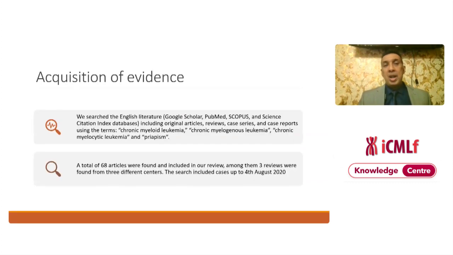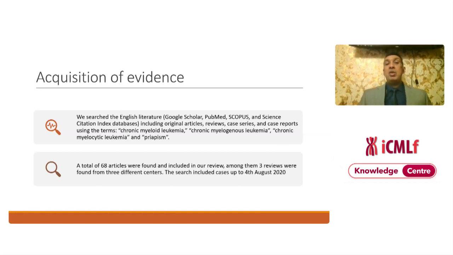So how did we acquire the evidence? The acquisition of evidence was done via search in English literature, looking in Google Scholar, PubMed, Scopus, and Web of Science citations, and indexed databases, including original articles, reviews, case series, and case reports, using the terms chronic myeloid leukemia, chronic myelogenous leukemia, chronic myelocytic leukemia, and priapism.